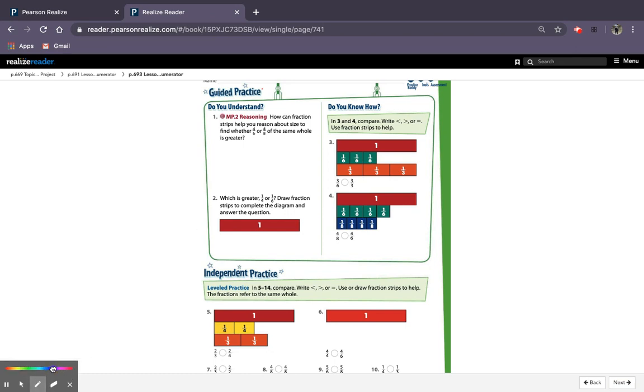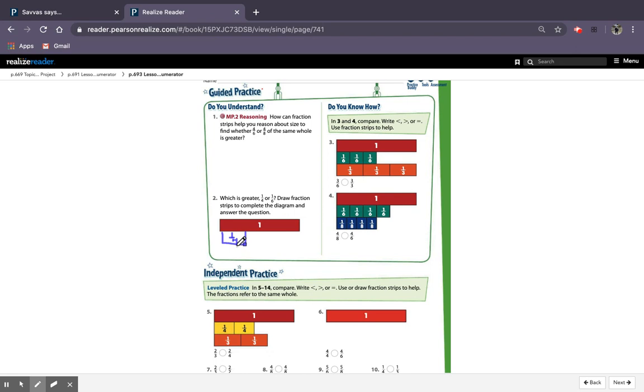So I'll get a marker, pen. So which is greater, 1/4 or 1/6? Draw fraction strips to complete the diagram and answer the question. So for this, all I have to do is draw my 1/4, which is this one. There we go.